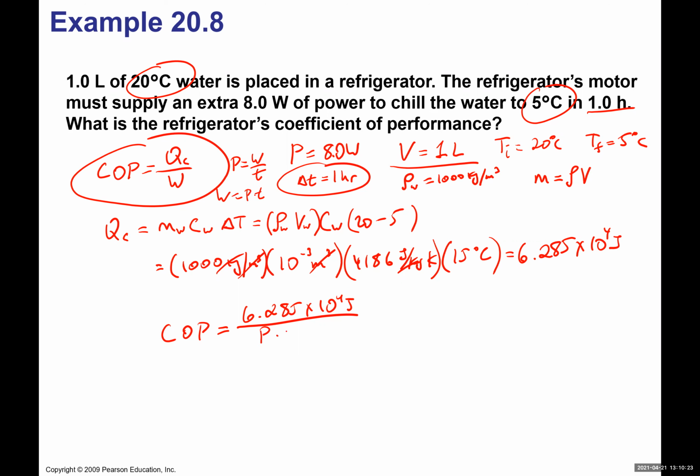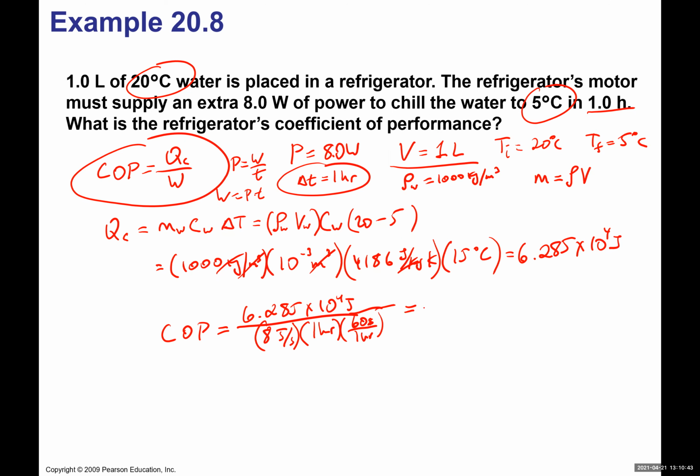That's why it's power times time, which ends up being 8 joules per second, times 1 hour, where 1 hour is 3600 seconds. So then I can convert it into seconds so they can cancel out.